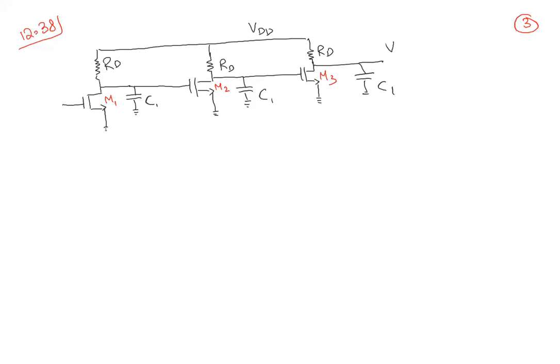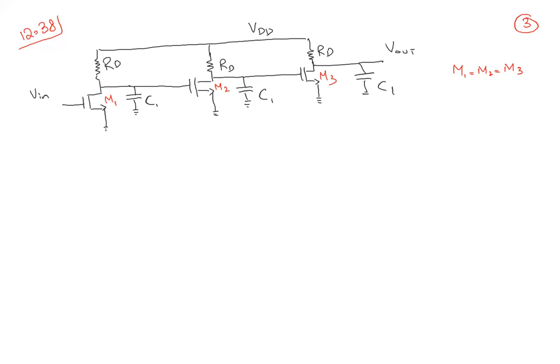This is point V out, and this one is V in. So we are given that M1 is equal to M2 is equal to M3, and RDs, I already mentioned, are the same.